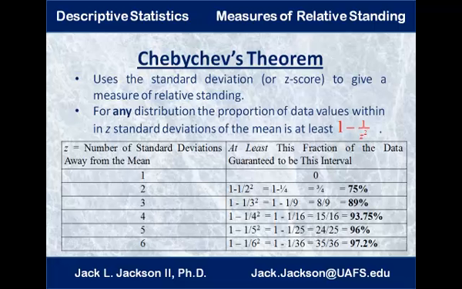If you go out 5 standard deviations, at least 24/25, or 96%, has to be within 5 standard deviations of the mean. 6 standard deviations, you get 97.2%, so at least 97.2% is within 6 standard deviations of the mean. So Chebychev's theorem gives us a way of using the standard deviation: count how many standard deviations you want to go out from the mean, and you must capture a certain amount of data within that.